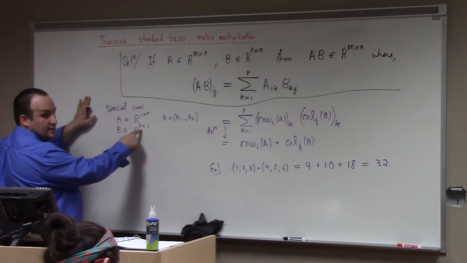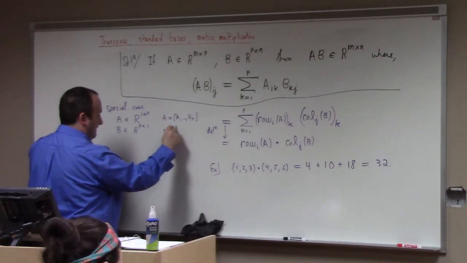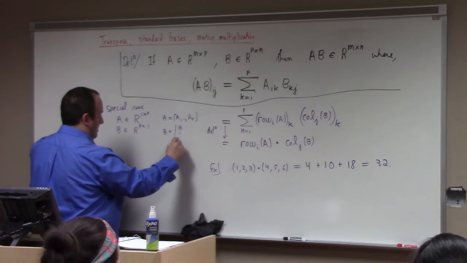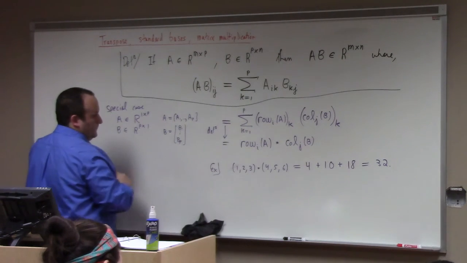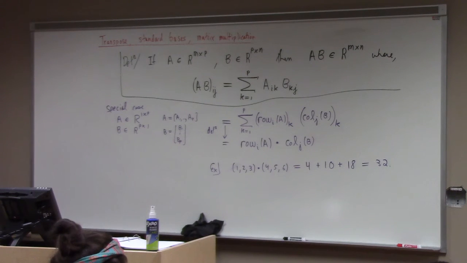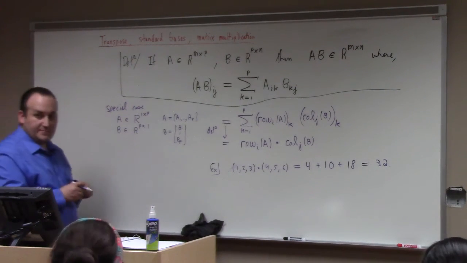And a column vector for B, right? So the matrix multiplication is just the dot product in this case. So there's no extra ij floating about. Okay.